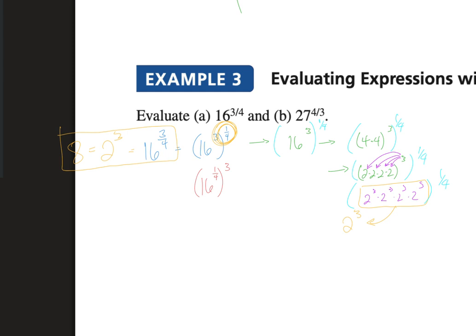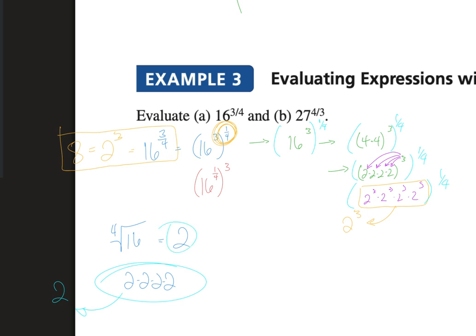So by the time I get here, this next step is actually the fourth root of all of this, okay? And if you're confused, remember the fourth root of regular 16, not 16 cubed, was 2 because it was 2 times 2 times 2 times 2. And there was our group of 4, and so it goes out as 2, okay?